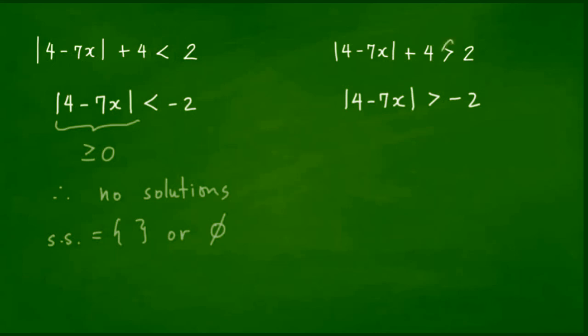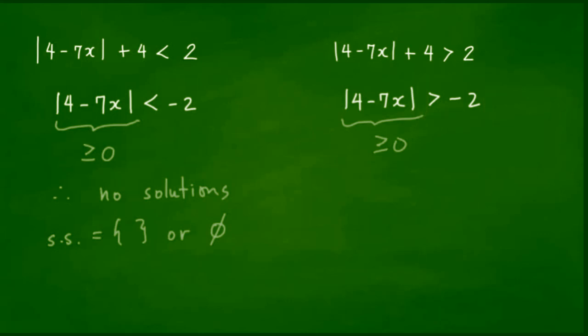This is less than and this is greater than, but we know that this left hand side is always greater than or equal to 0. So if it is always greater than or equal to 0, then it is always true that its value is greater than negative 2 for all x.